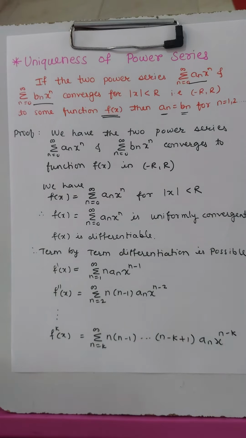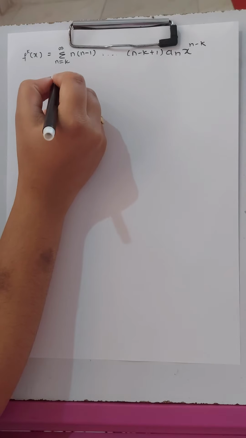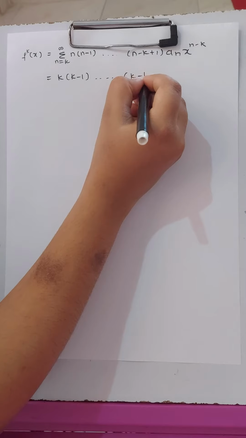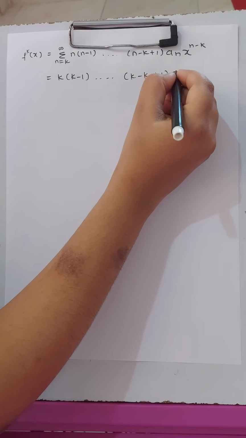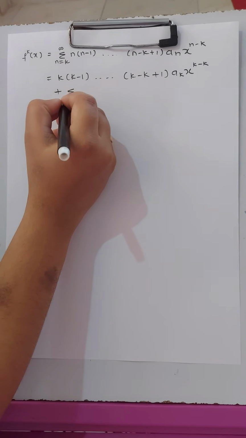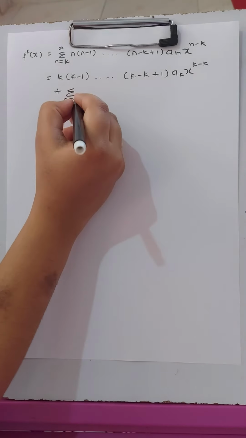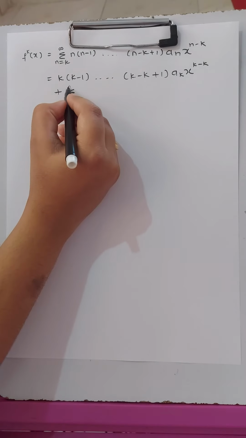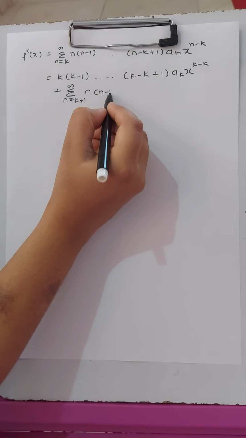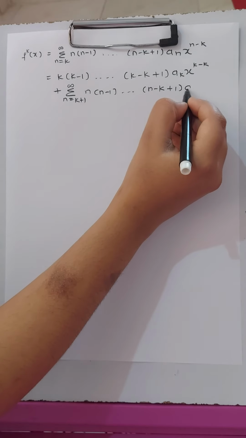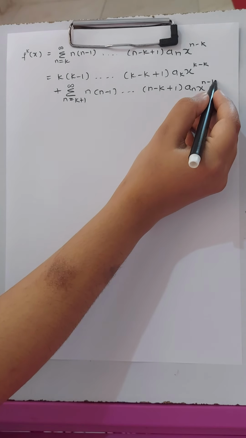So now solving it further. Substituting n equals k, we get k into k minus 1 up to k minus k plus 1 ak x to the power k minus k, plus this summation now will start from k plus 1. So summation n from k plus 1 to infinity n into n minus 1 up to n minus k plus 1 an x to the power n minus k.